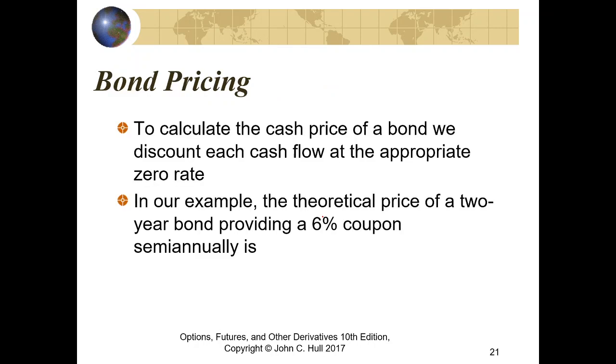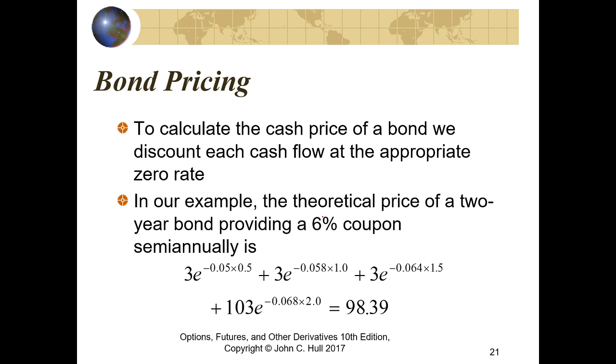Next, if I want to determine the price of the bond, we'll use the rates we observed earlier. So 3 times e to the power of minus 0.05 times a half. This is t, and this is the first zero rate, R1. The second coupon payment, we will discount using 0.058 times 1.